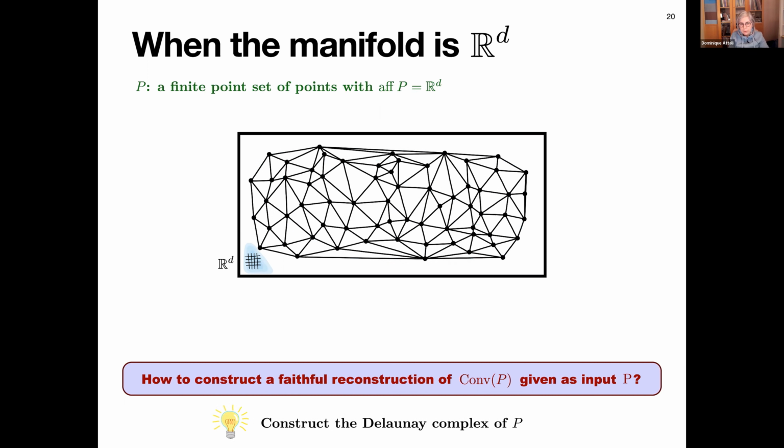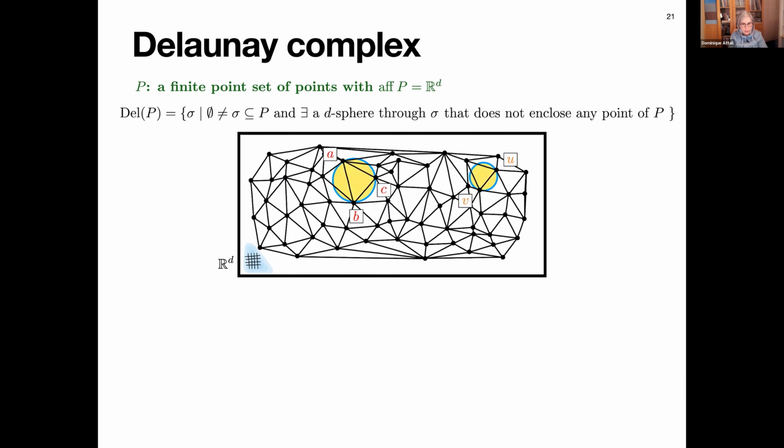And so I'm going to recall the definition of a Delaunay complex. So a simplex sigma belongs to the Delaunay complex of the point set P if there exists a sphere circumscribing sigma and that does not enclose any point of P. And it is well known.